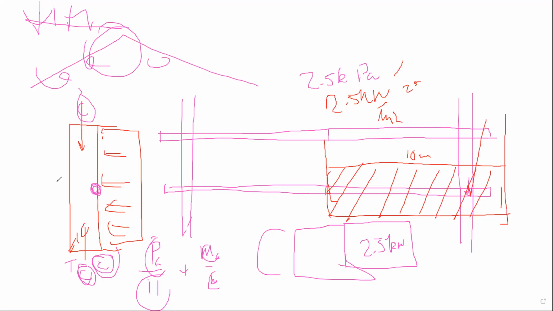Because in the way they show you, if you look in the textbook, this is a compression force on the member. And when they show the bending moment, they always show that it goes from tension to compression.